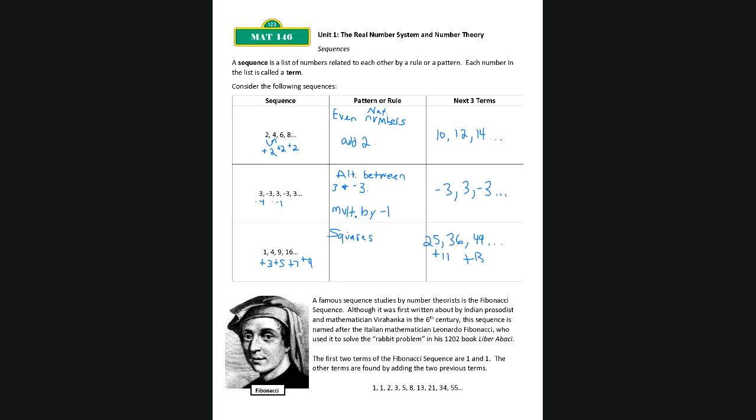So notice that to get to the next number in this sequence, you add the next highest odd number. So if I wanted to get from 49 to the next number in the sequence, I would add the next highest odd number. And the next highest odd number is, what, 3, 5, 7, 9, 11, 13, 15. And what is 49 plus 15?